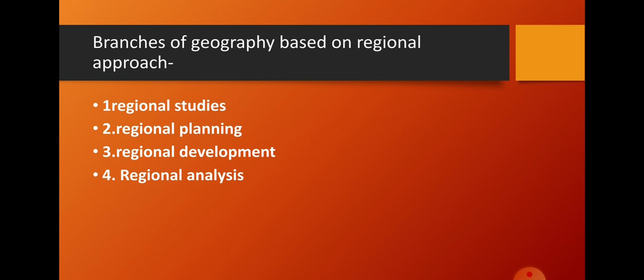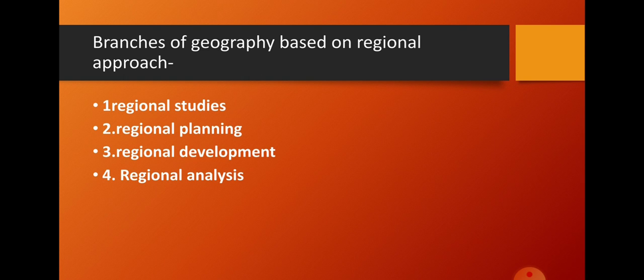Now the second one, the branches of geography based on the regional approach. Maybe you remember the regional approach. Regional approach is the opposite concept of the systematic approach, where we read about a particular region, or about a particular type of thing.